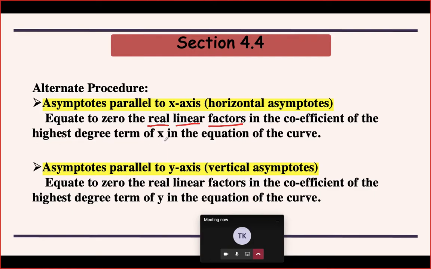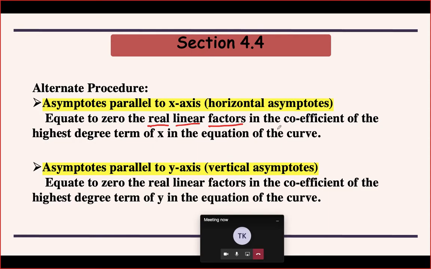Say x cube is the highest degree term which you have in the entire equation. Then you take its coefficient. Whatever is along with x cube, you take the coefficient part, and equate to 0 the real linear factors.